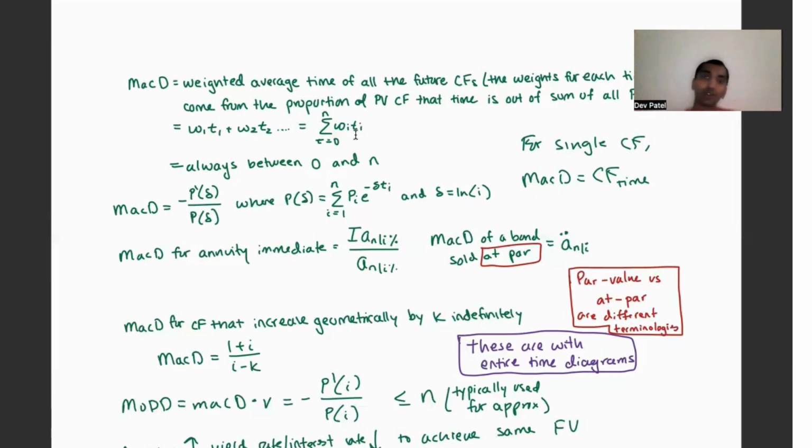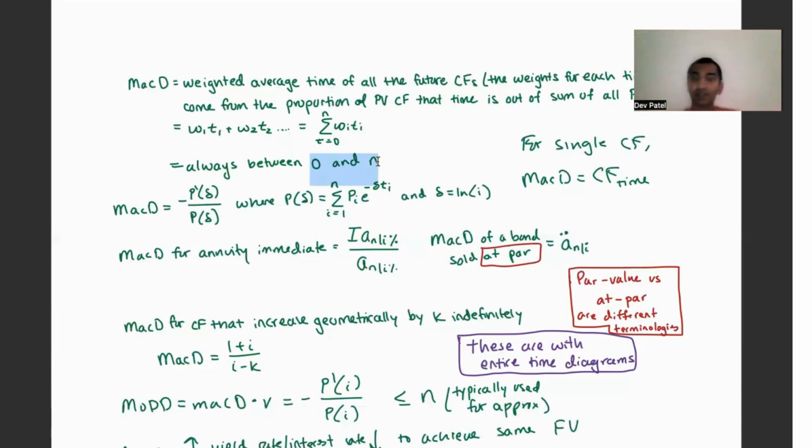So you would do the present value of that specific cash flow divided by the total present value, and that would give you the weight for, let's say, time one. And then you would do the same thing for the other future cash flows. And this will get you to a time between 0 and the last payment date, right?